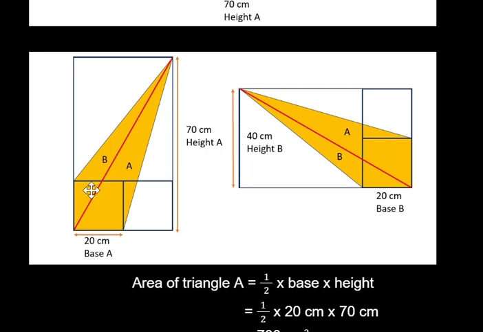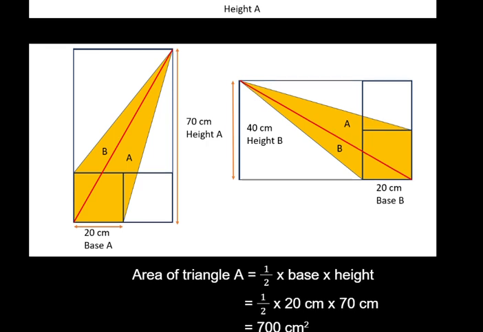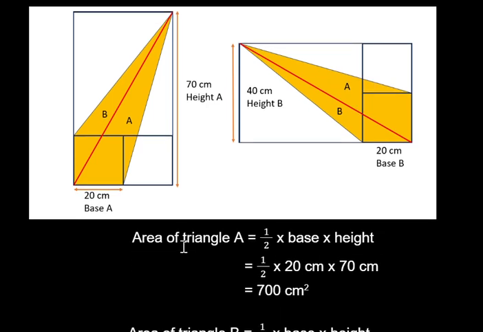Okay, so the area of the shaded part is nothing but the area of triangle A plus the area of triangle B. So I put into my equation, area of triangle A is half times base times height, half times 20 times 70, I get 700. Area of triangle B is half times 20 times 40.